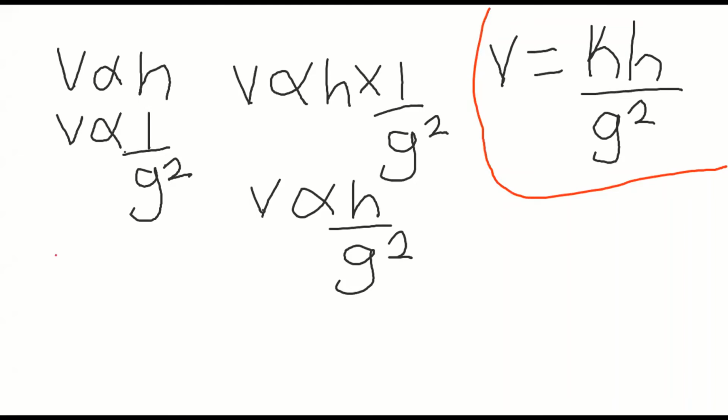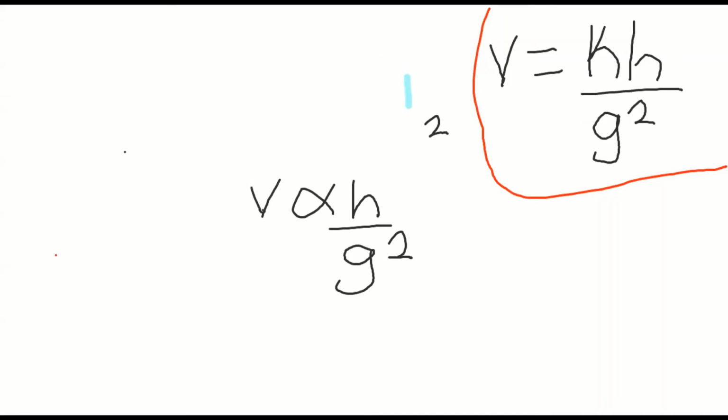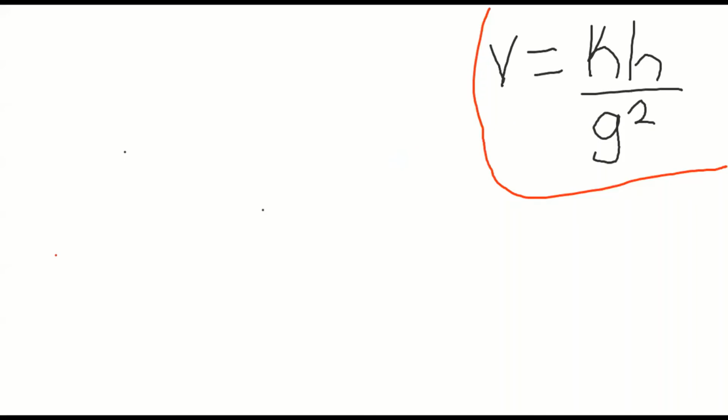So now we need to find the constant. If the volume of a tree is 144 meters cubed when the height is 20 meters and the girth is 1.5 meters. So let me first erase this. So we use this equation to find the complete connecting equation.